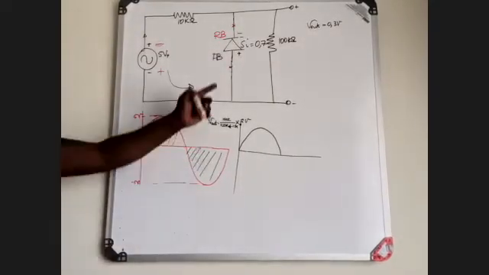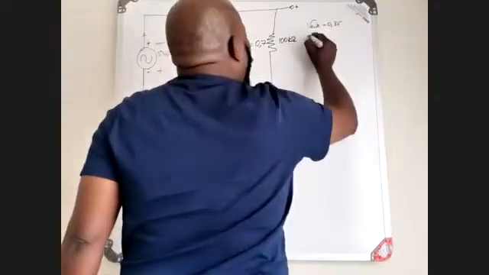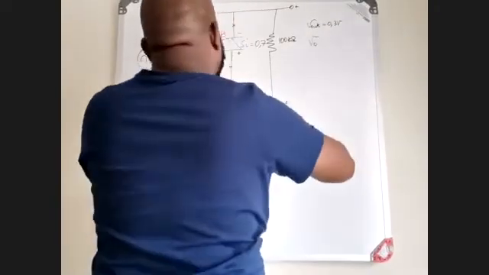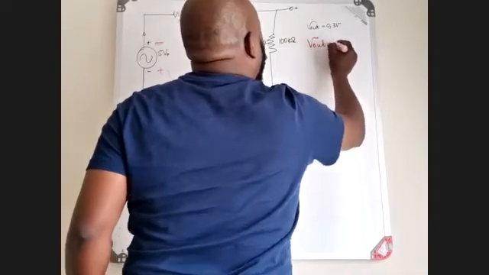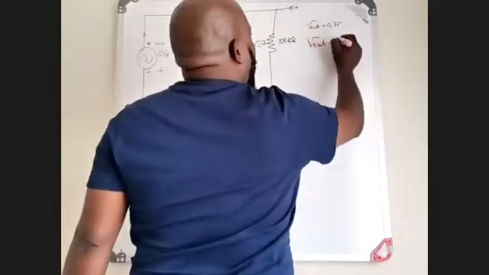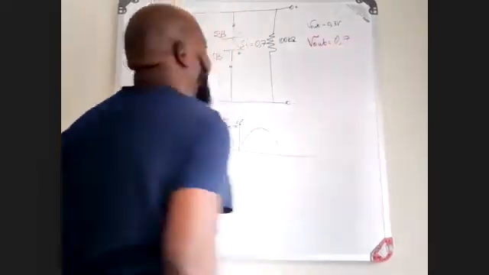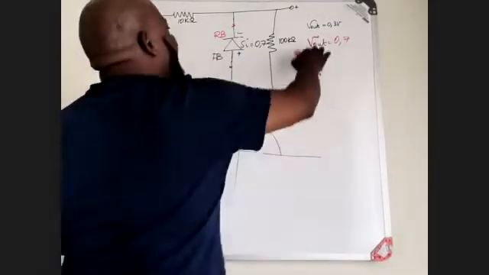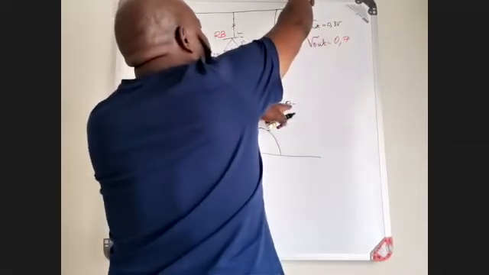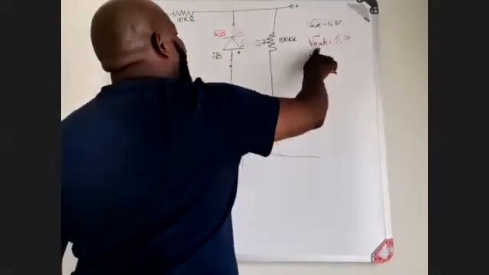If it goes into forward bias mode, now my V out is a V out of 0.7 volts. That is when it's going to switch on. When I measure across these points here, I'm going to measure 0.7.